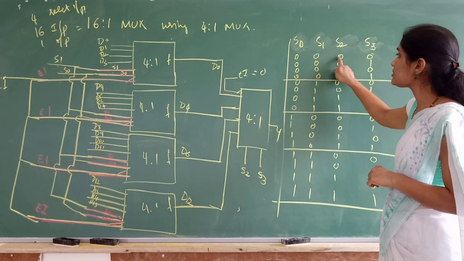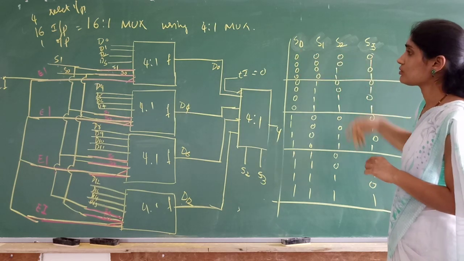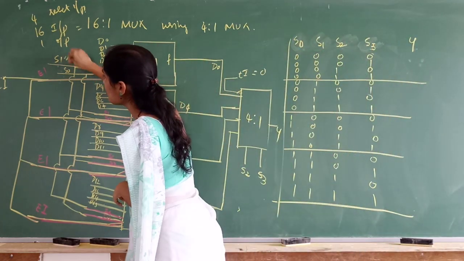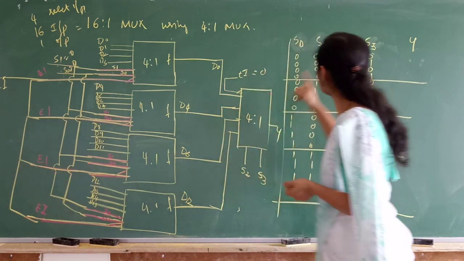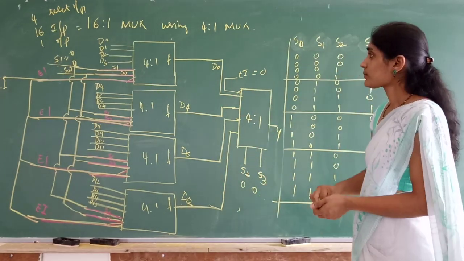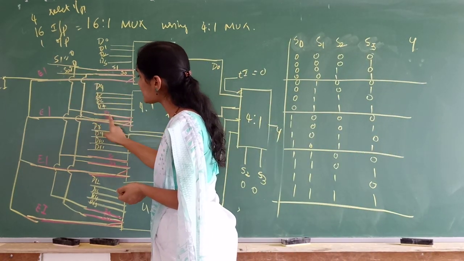If I get 0, 0, 0, 0, what happens? What is S0, S1? 0, 0. What is S2, S3? 0, 0. If you give S1, S0 as 0, 0, what happens? This S1, S0 are shorted.